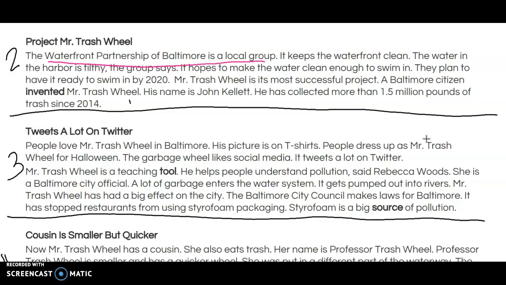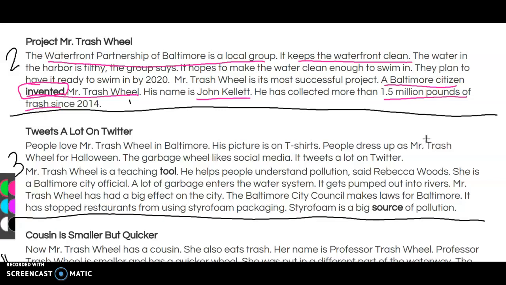It helps the local group and it keeps the waterfront clean. Who invented Mr. Trash Wheel is very important, and also invented is a bold word. So when we see bold words, we should automatically underline that sentence. His name is John Kellett, and he's collected more than 1.5 million pounds of trash since 2014.